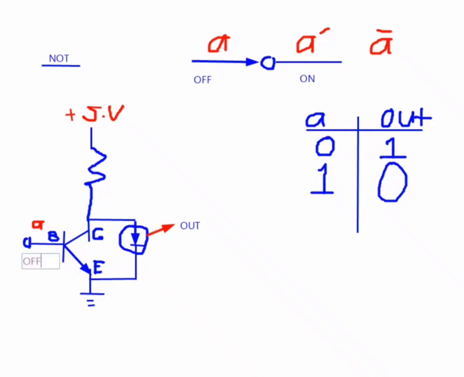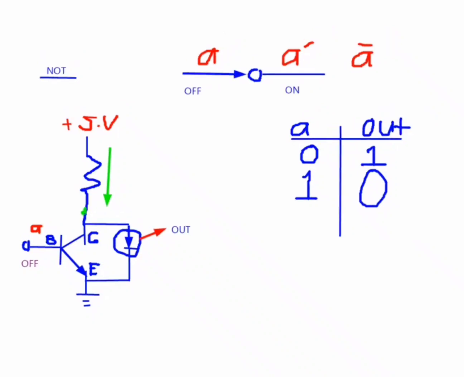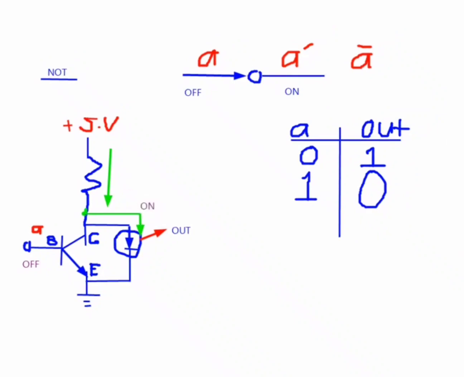Now let's say we have an off state on the transistor. The current will still flow from the 5 volt source, and when it comes to this position, the current has no choice but to flow through the LED, because the transistor is in the off state, so the LED will be in the on state.